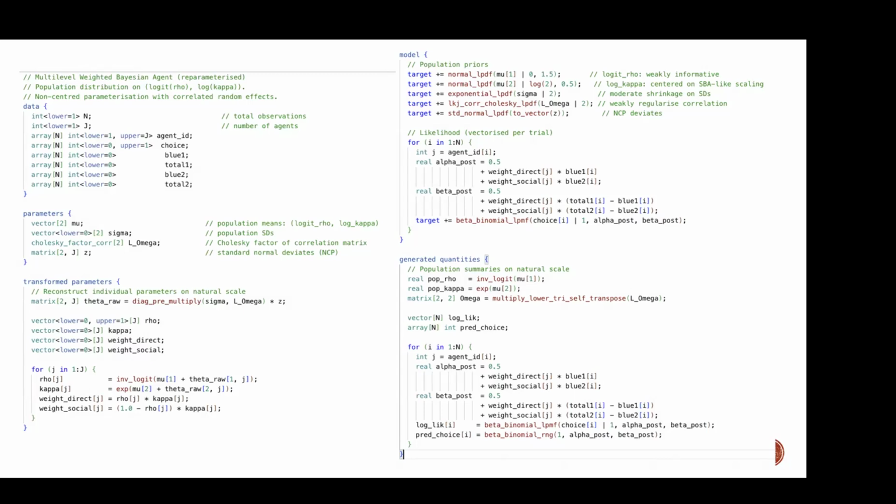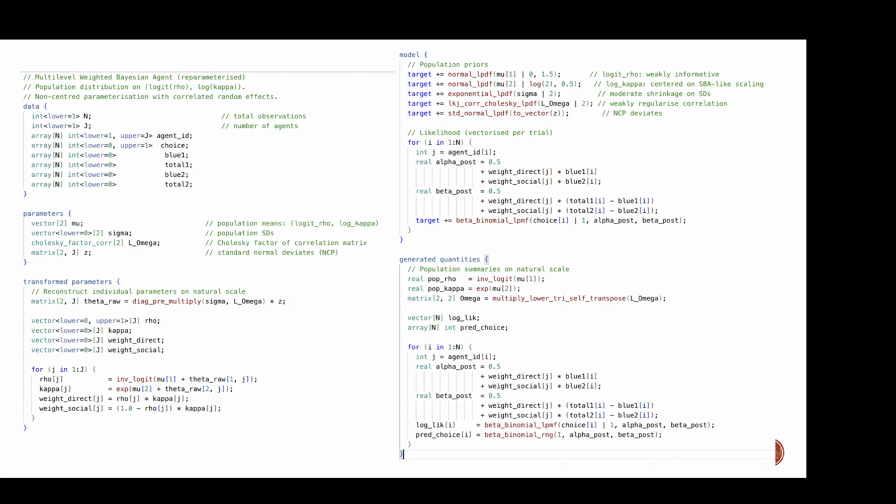Then what we have here is that in the transformed parameters, we say that the theta rho, so the actual individual level parameters, have to be reconstructed by multiplying the Z by a scaling parameter, which is now not just the sigma of one of the two parameters, but a Cholesky matrix, which is really about making sure that the correlation is preserved.